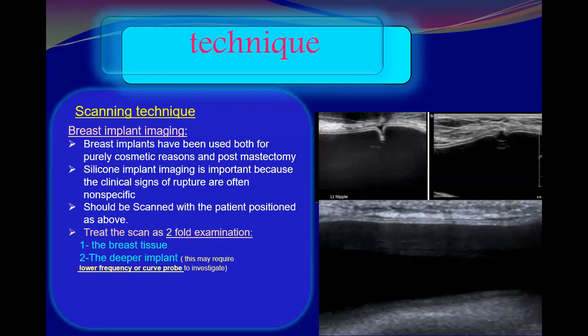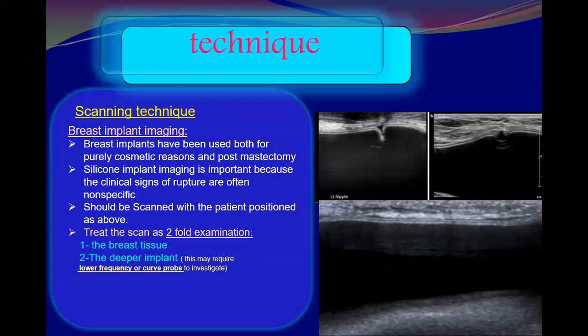However, we have to remember that we have a two-fold examination. We have first to think about breast examination, or examination of the breast tissue. We scan the breast as if there is no implant. We try to scan what we have seen from the breast tissue. Complete the whole study looking for the breast.